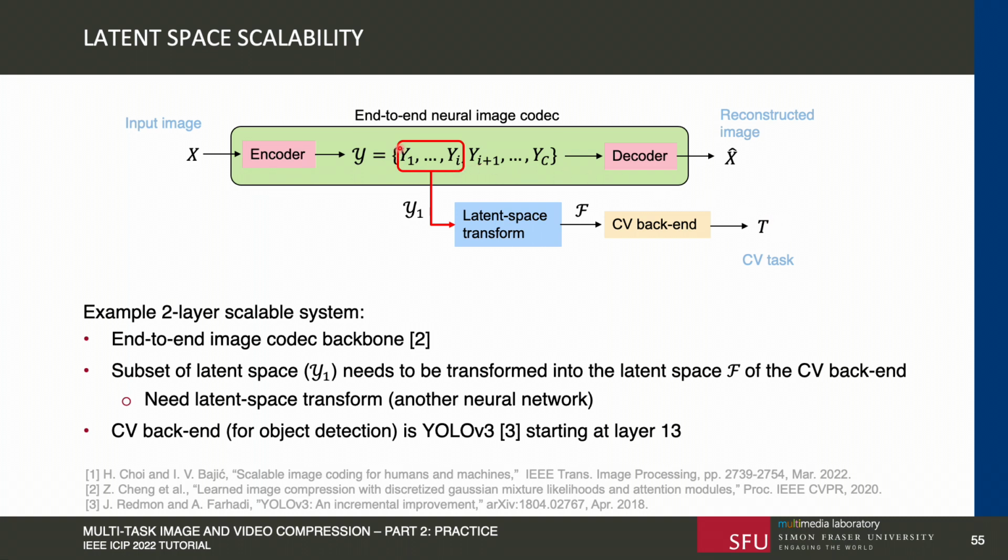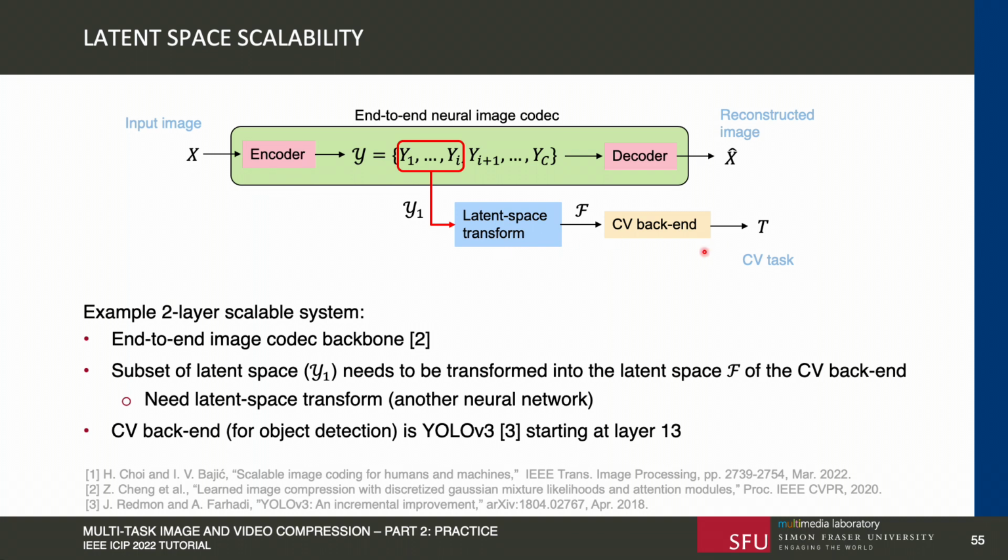And because the latent representation here is not exactly the latent representation that the backend expects, we also have to insert a latent space transformation here, which is just another kind of neural network, if you will, that maps one latent representation into another. And so we call it a latent space transform.